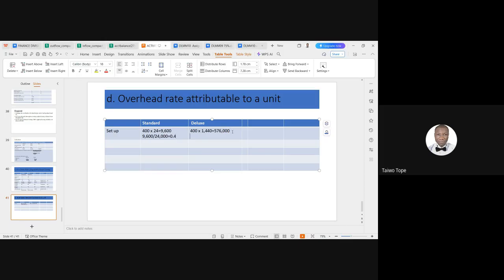For the loss, the setup cost for 1 unit will be what? 576,000 divided by 24,000 units.